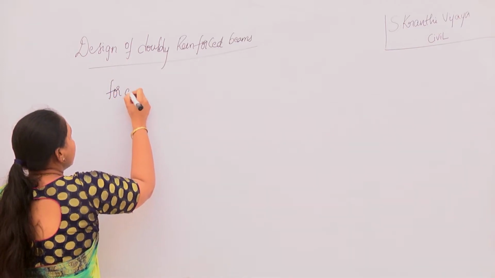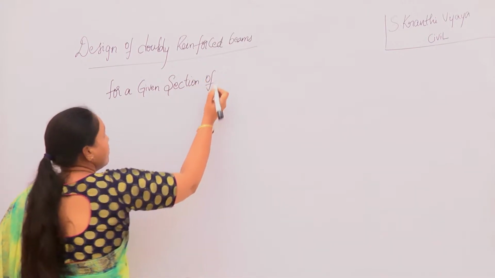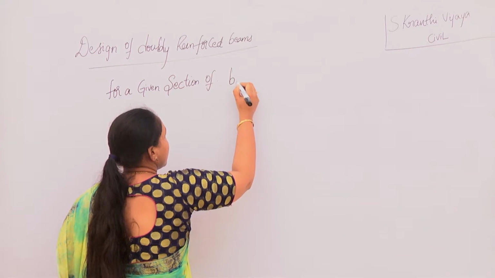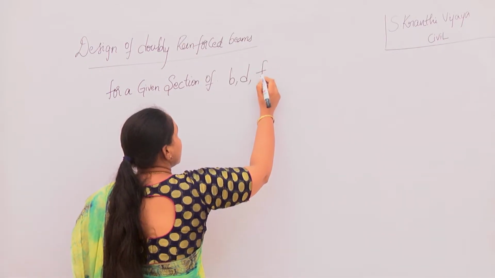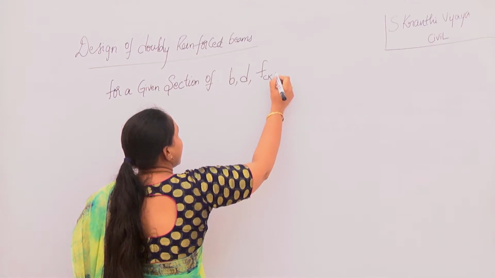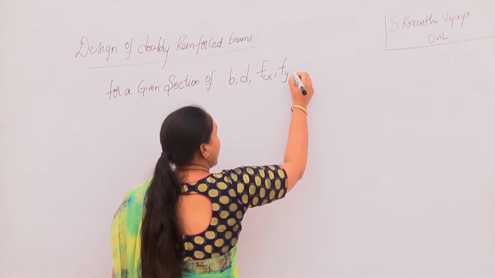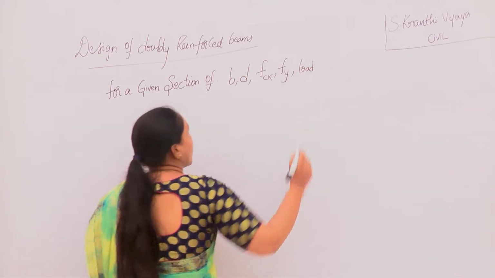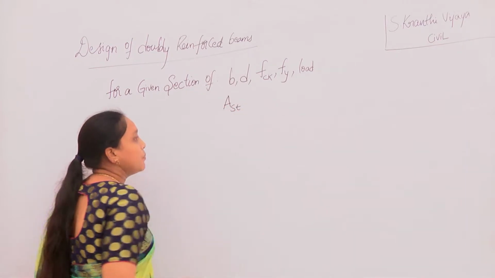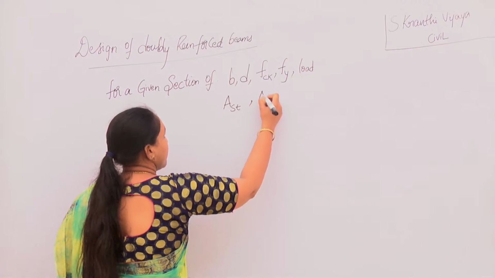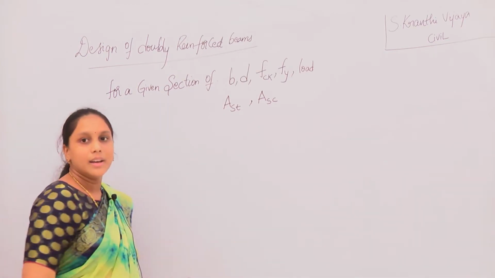So for a given section of breadth B, depth D, the grade of concrete, the grade of steel and the load, we have to find out AST, that is the area of tension steel, and ASC, that is the area of compression steel for a doubly reinforced beam.